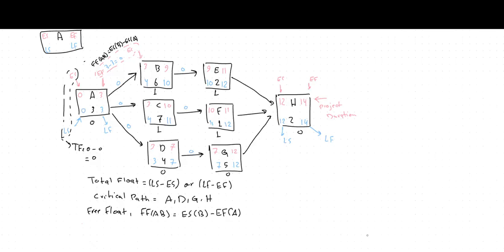For FH, 12 minus 11 is 1. For GH, 12 minus 12, 0. In this case, all the values needed in the PDM are calculated. I will repeat them: the early start, early finish, late start, late finish, the total float, the critical path, and the free float for all the activities.